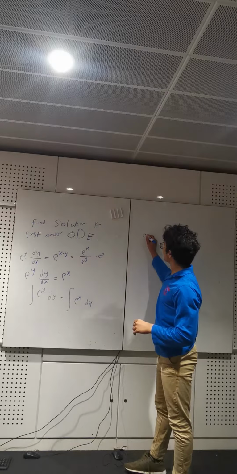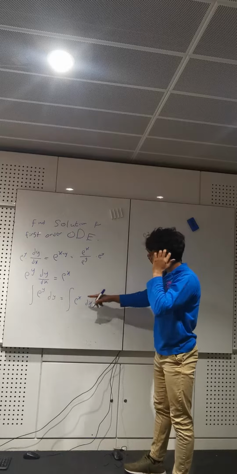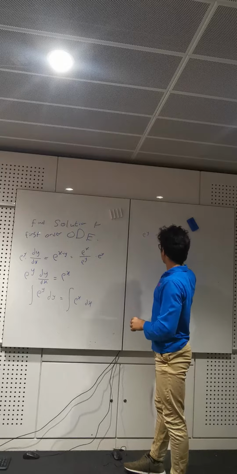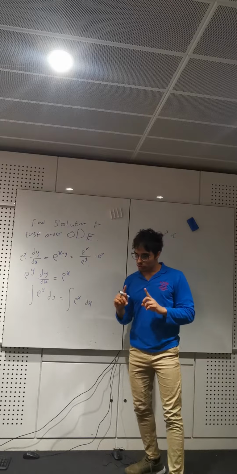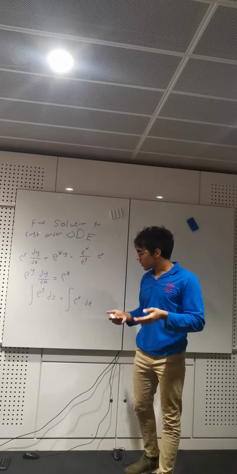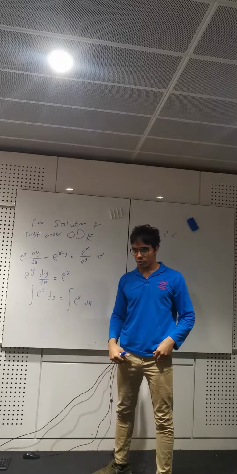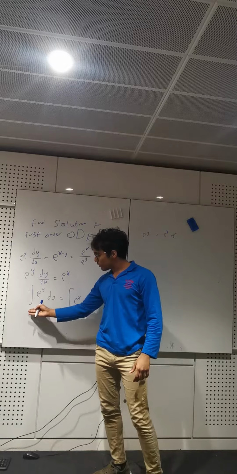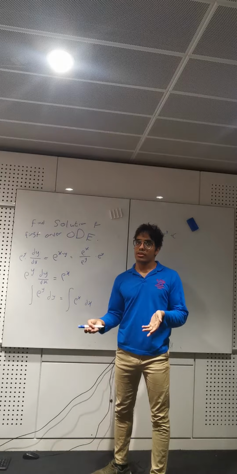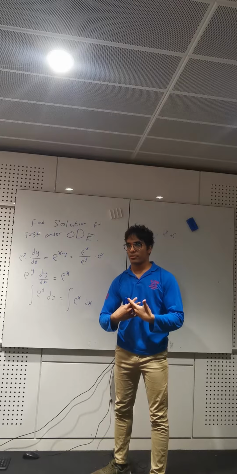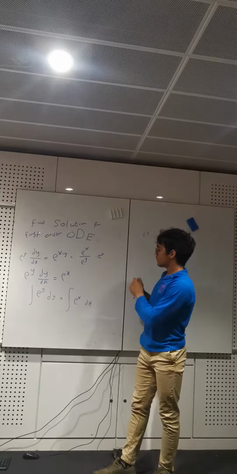It is e^y, and that equals the integral of e^x dx, which is e^x, and we just add one constant of integration, because every integration generates a random constant. If this one generates a random constant and this one generates another random constant, we can combine them together and make an overall random constant, which is c.